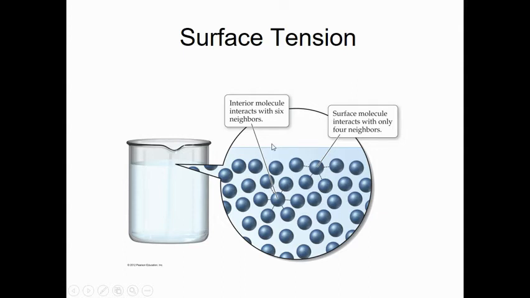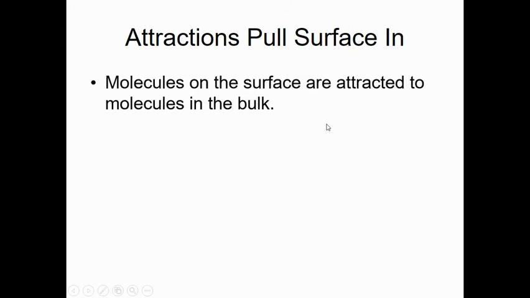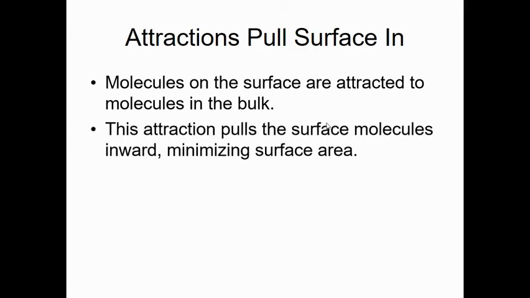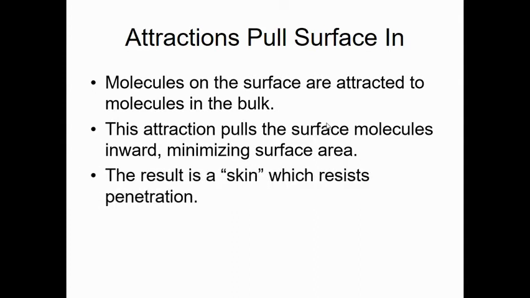And when there's nothing to interact with above, the molecules on the surface are mostly attracted to the molecules in the bulk of the solution. So that attraction pulls those surface molecules inward, which minimizes your surface area. And then you end up with a little skin, which resists penetration. It doesn't mean you can't penetrate the surface of the water, but it gives you a little barrier, which then makes things float on top. And that is surface tension.